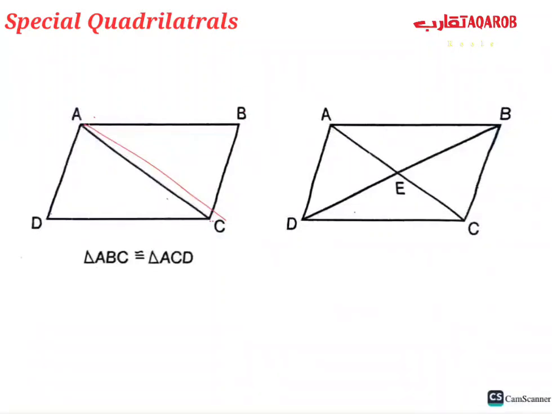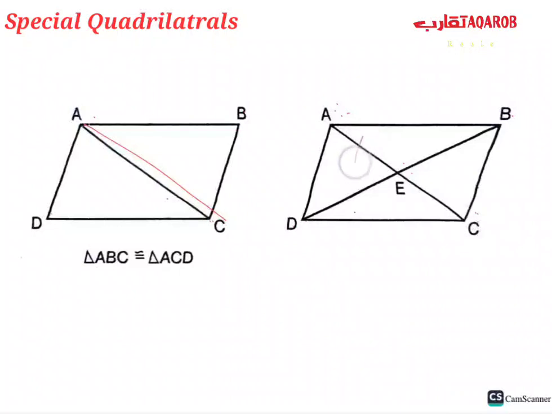The two diagonals bisect each other. So here we have two diagonals, AC and BD. AC divides BD, or bisects BD. So here AE equals EC because BD bisects diagonal AC.